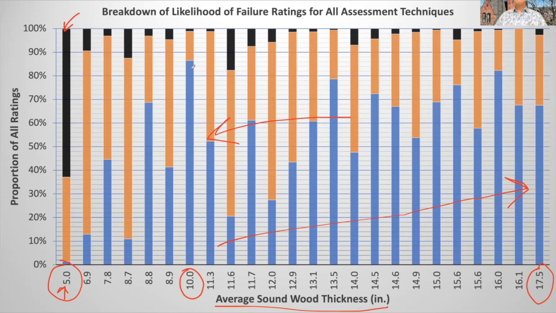So this is also possible because trees had different levels of exposure. Assessors were looking at the decay, obviously, but they were also looking at the surrounding conditions and trying to get a sense of what the loads might be like, how exposed the tree was. So that also potentially could have played a role.